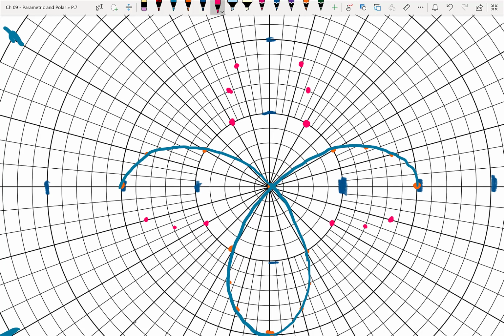And now I have my guide points. And now I'm going to finish sketching. You could continue putting ordered pairs down if you want.